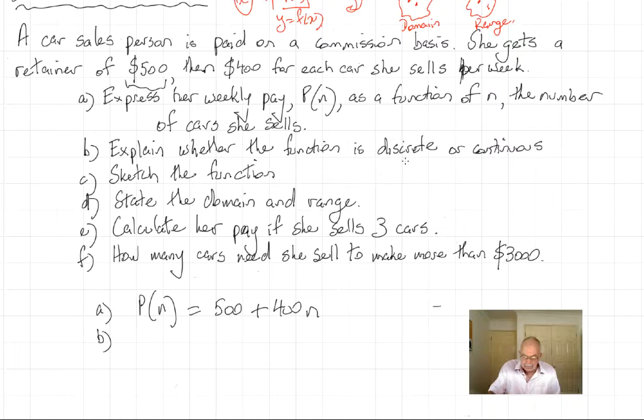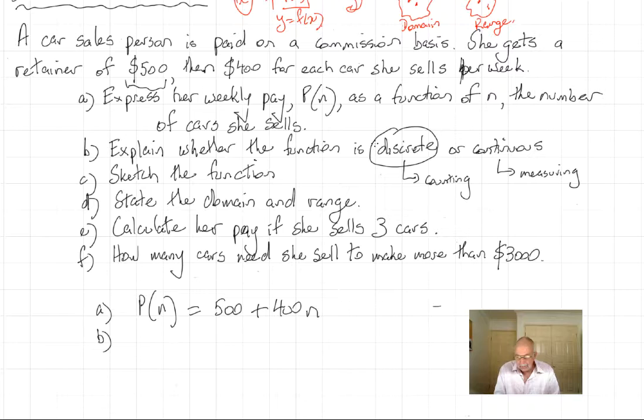Part b is to explain whether the function is discrete or continuous. Now, as a general rule, discrete involves counting, and continuous involves measuring. So if we're looking at practical examples of functions, if there is a count involved, in this case the number of cars, it will be a discrete function. In other words, it won't be a continuous line. She doesn't sell 1.5 cars.